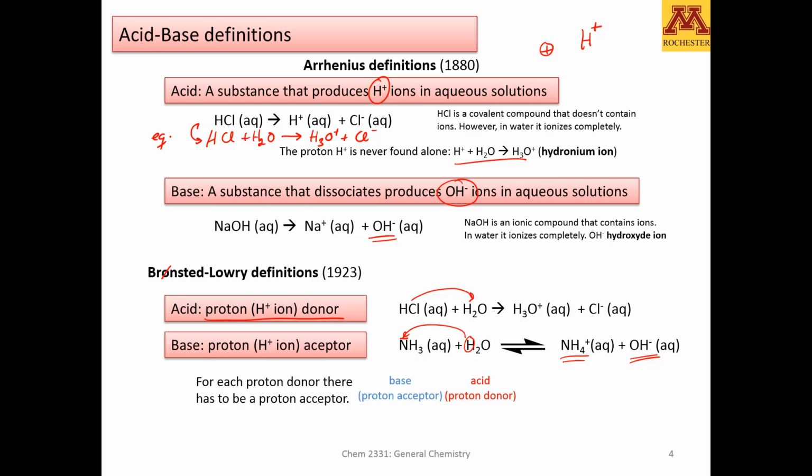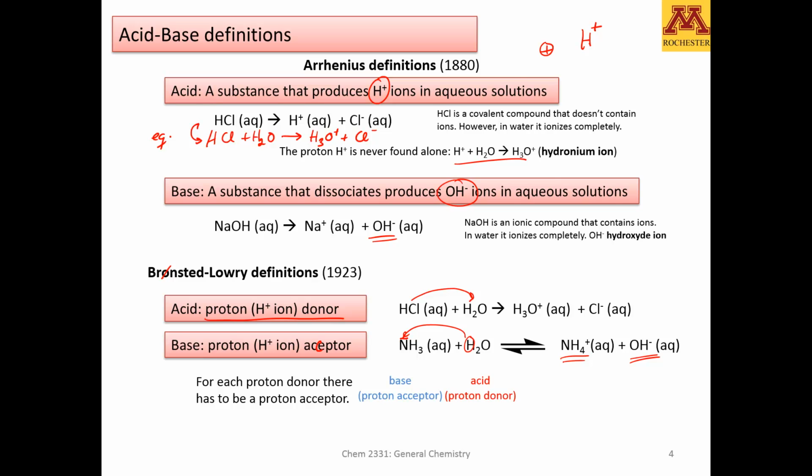What are the characteristics of any acid-base reaction? There is no acid without a base, and there is no base without an acid, because if an acid is a proton donor, the acid needs to give the proton to a proton acceptor, and likewise, if a base is a proton acceptor, it means that there is another species that is giving the proton. So the acid and base always go together.